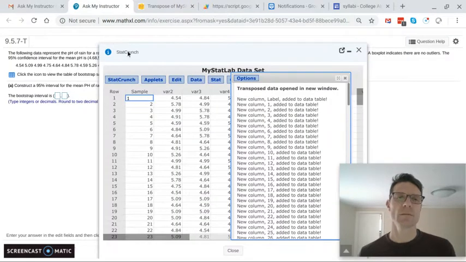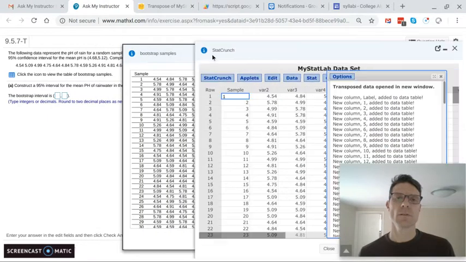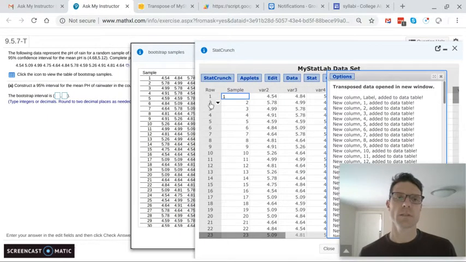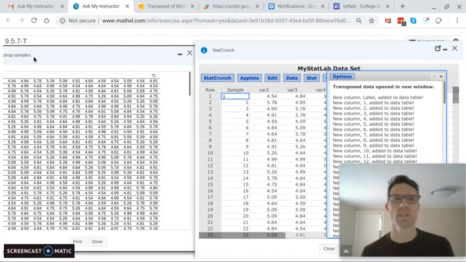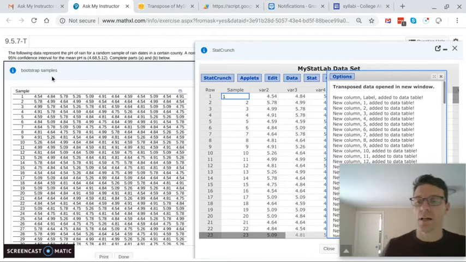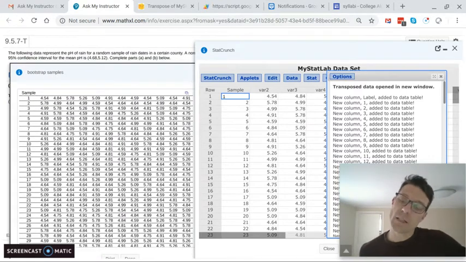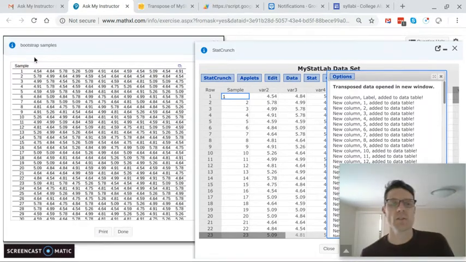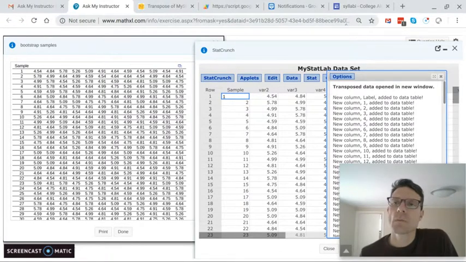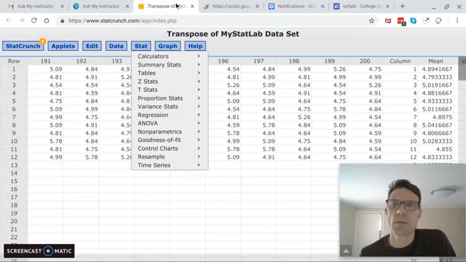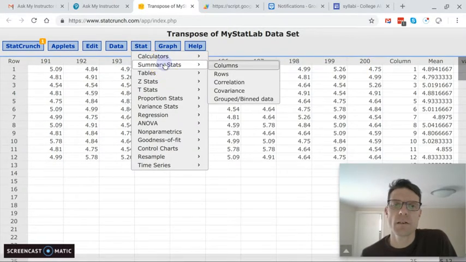Since we've got a lot of little windows open here, I think it's a 95% confidence interval. We're doing the 2.5 percentile and the 97.5 percentile. If it was a 90% confidence interval, we'd do the 5% and the 95%. So let me go back over to my table here, and we're going to find the mean of the means.